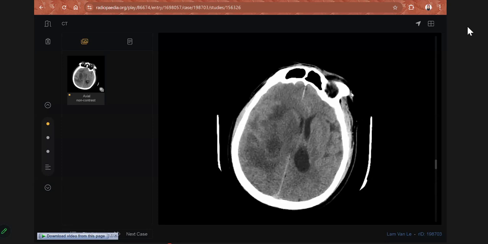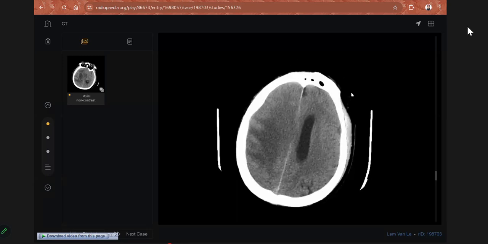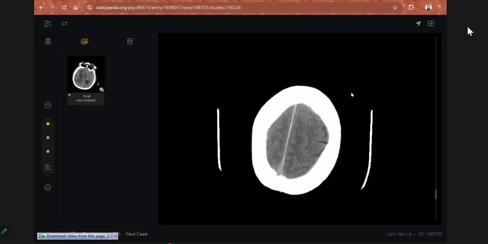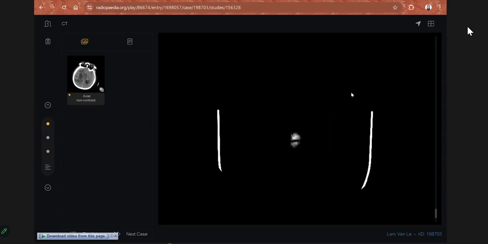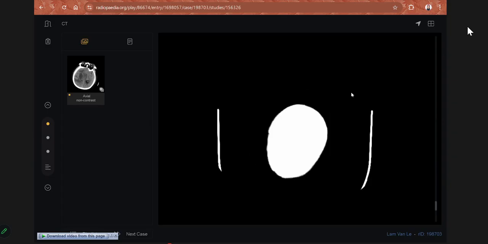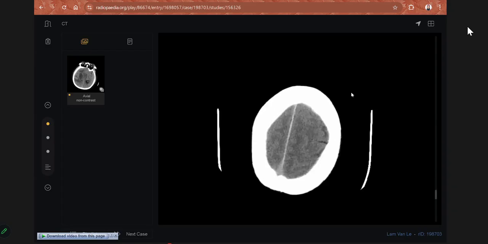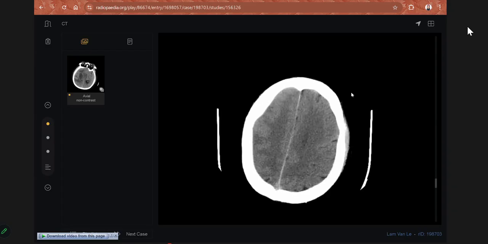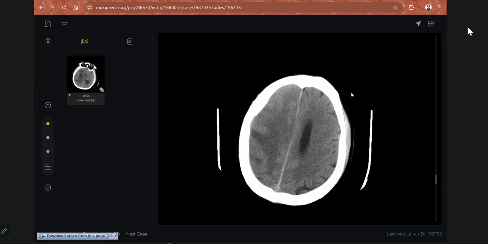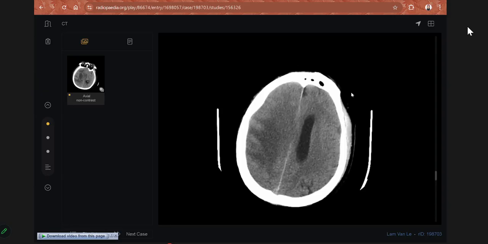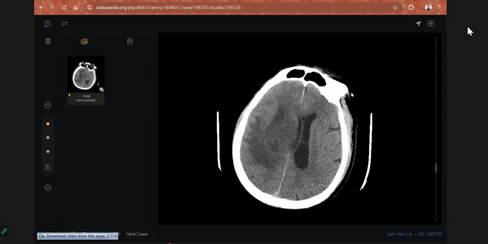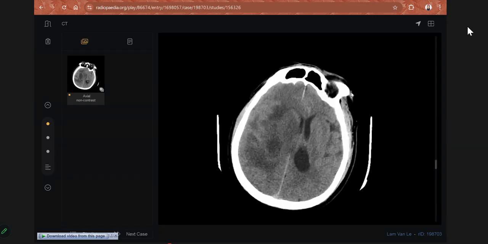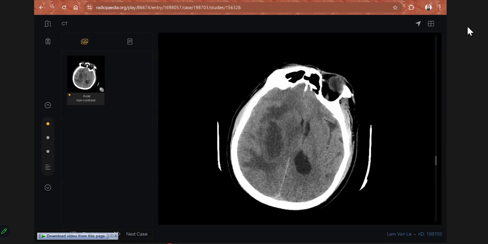Okay, so this is the CT axial section, CT brain plain. First, I will just scroll through the images to have an idea of the study. So I'm scrolling down from the vertex, and I can see that there is a large right frontoparietal hypodense area.